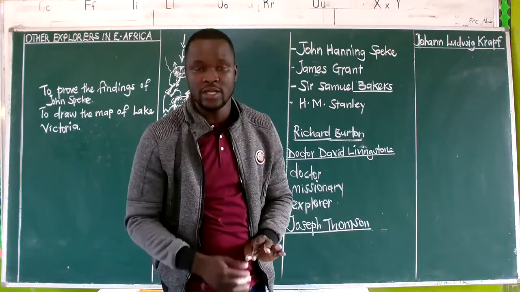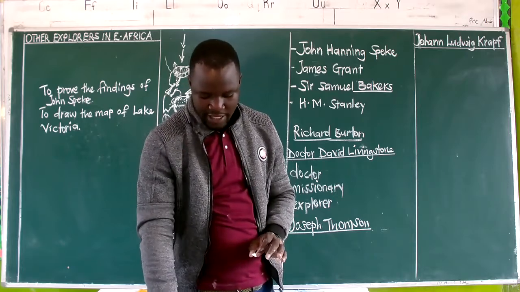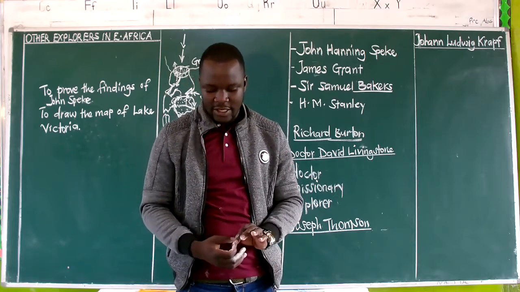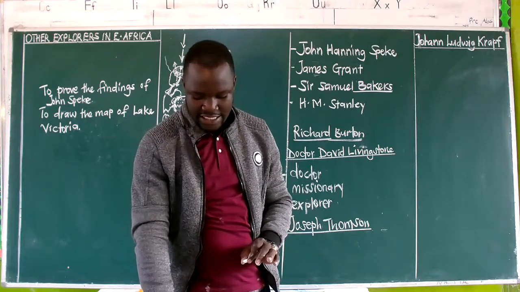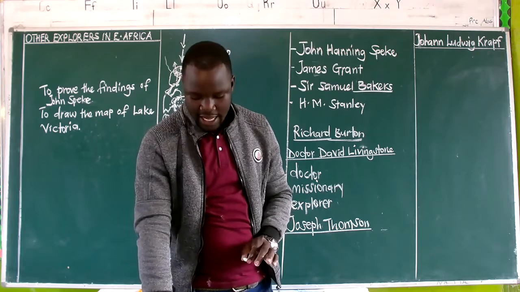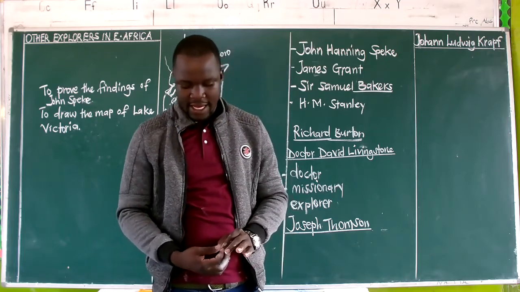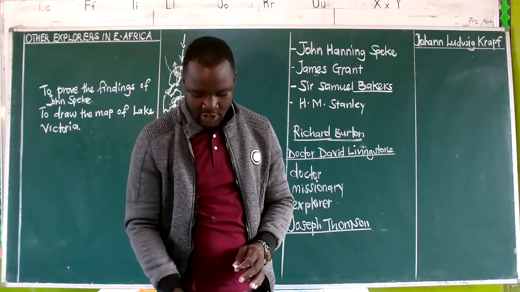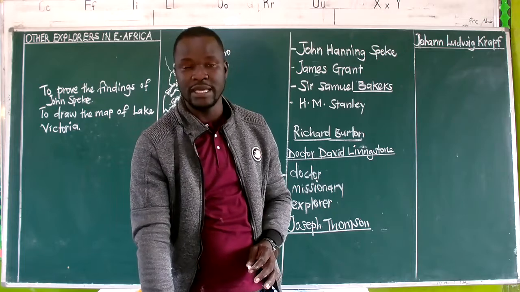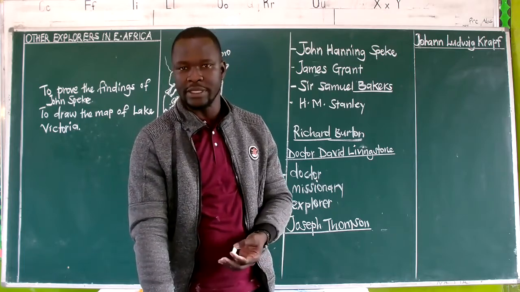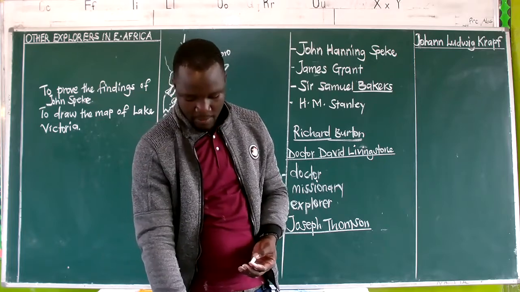So we are saying Ludwig Krapf was both an explorer as well as a missionary. And we say that he was sent by the Church Missionary Society, and he also translated the Bible into Kiswahili, and he also wrote a dictionary, that is English to Kiswahili, which was meant to help to interpret or to make people understand the gospel.